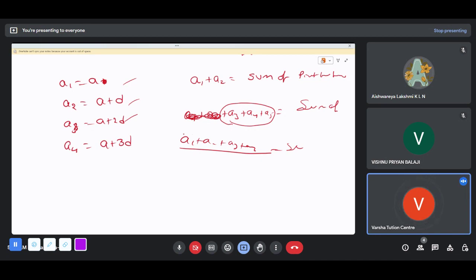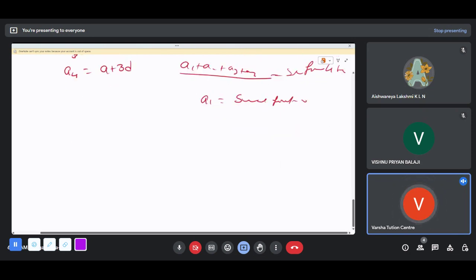Sum of first four terms. Correct, right? Now if I write only A1, what can we say? Very good, she said it very nicely. Sum of the first term alone. Is that clear? Yes or no?